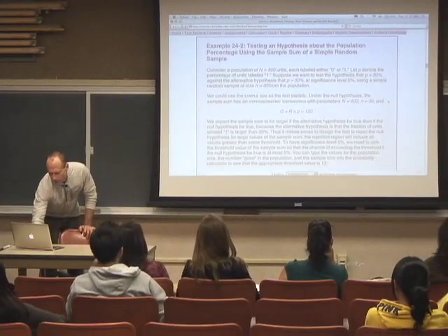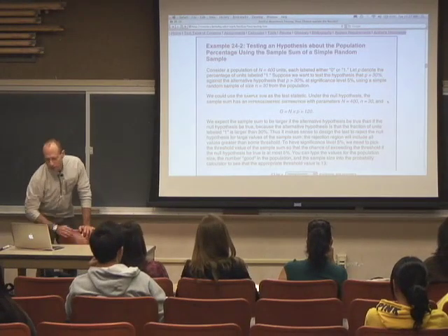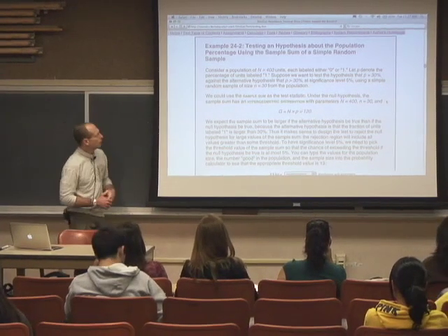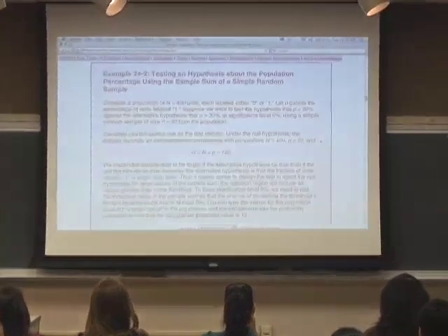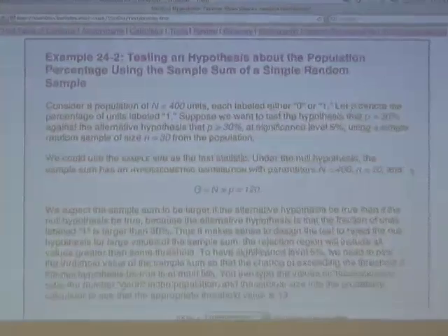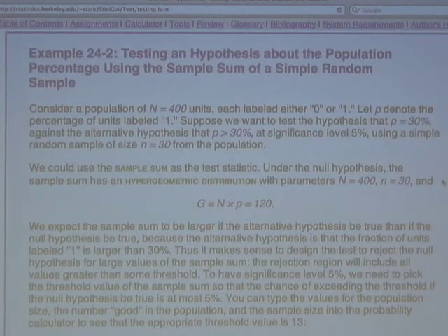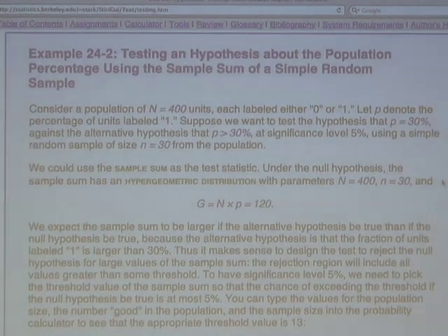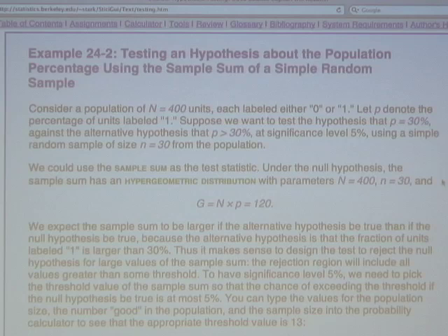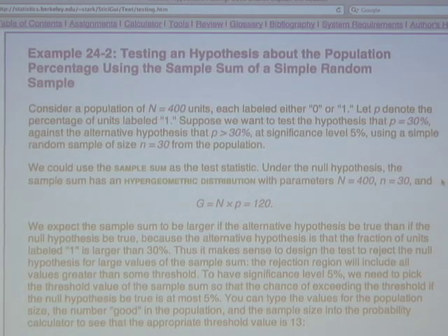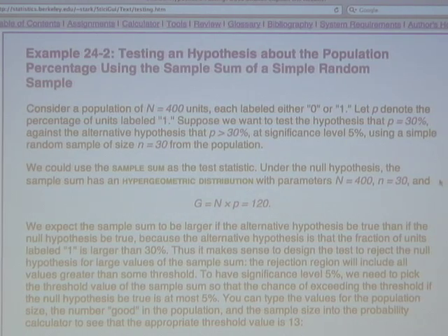Let's do an example, because this is all awfully abstract. Okay, one of the common things to test a hypothesis about is the mean of a population. In this particular case, let's think of a 0-1 box, and we want to test a hypothesis about the mean of that 0-1 population.